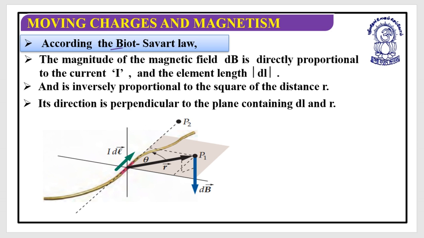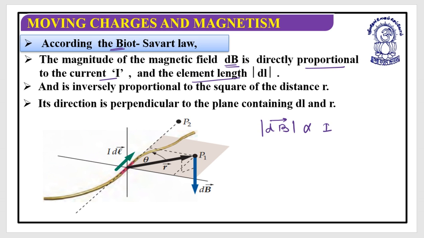According to the Biot-Savart law, the magnitude of the magnetic field dB is directly proportional to the current I and the element length dl. Currently I am talking about the magnitude only.